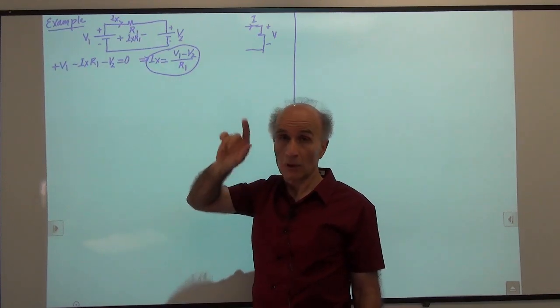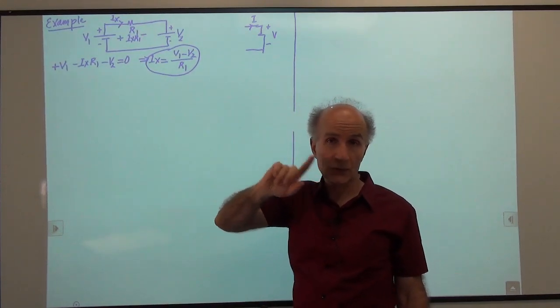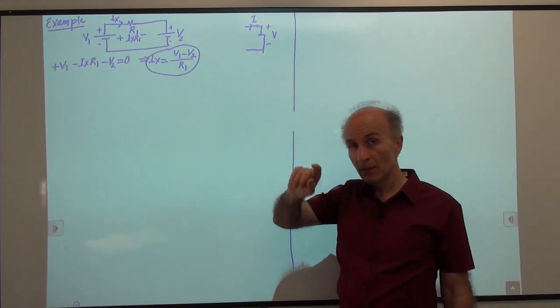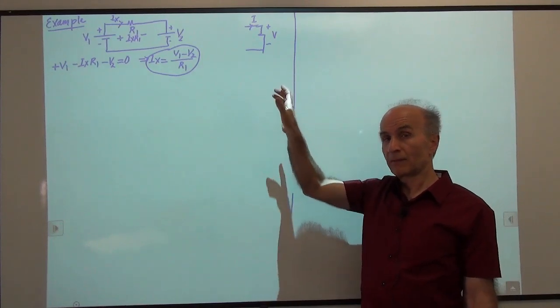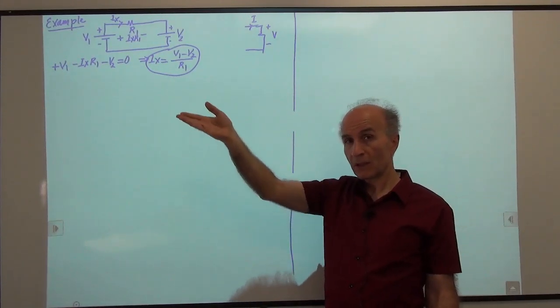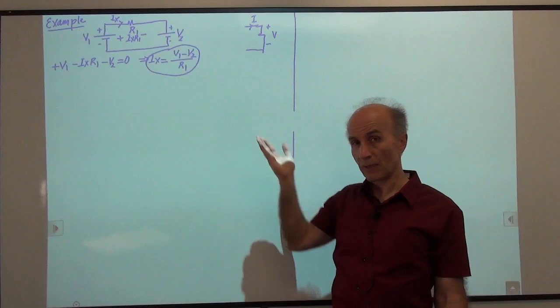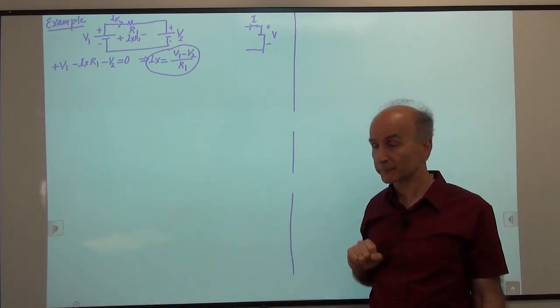I repeat, we're going to use this a lot later, so you really have to remember this, okay? So the voltage on the left minus the voltage on the right divided by the resistor gives us the current flowing from the left to the right. That's what we have to remember.